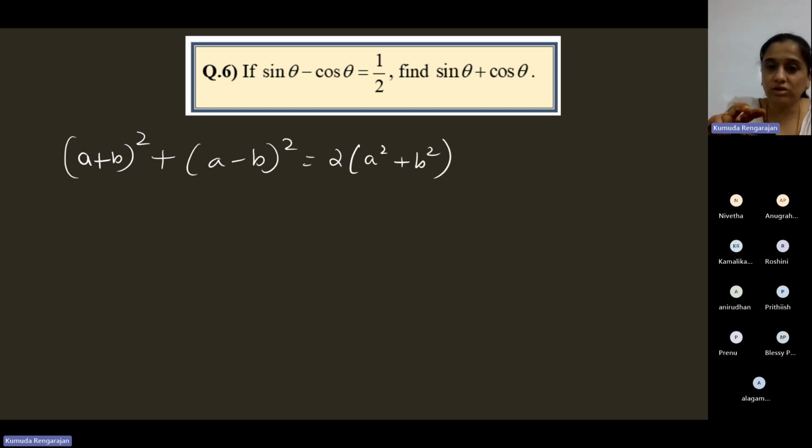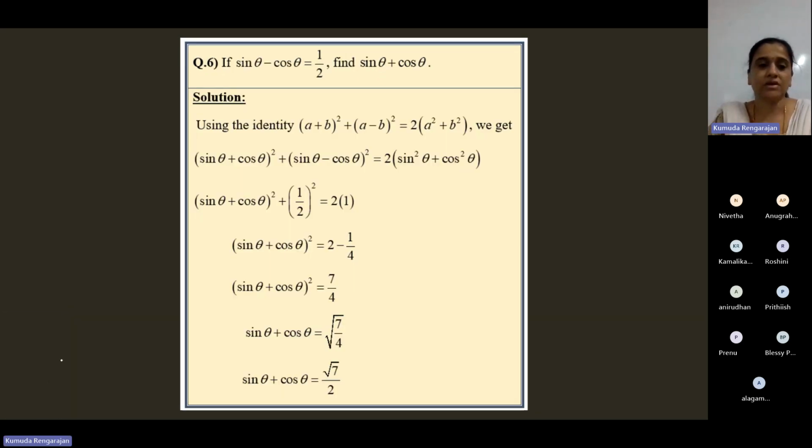Two, you should remember to relate this identity to a question like this, which involves sine theta and cos theta. Given sine theta plus cos theta, find sine theta minus cos theta, or given sine theta minus cos theta, find sine theta plus cos theta. In questions like this, you can make use of this identity.